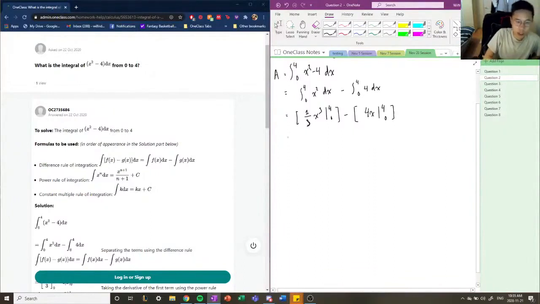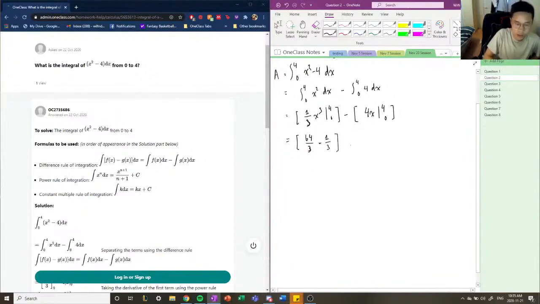So now we're going to calculate the area under the curve, or we're going to calculate the difference between the interval 4 and 0 of these two integrals, I guess you can say. So let's do that now. So we have 4 cubed over 3, which is 64 over 3, right? 4 cubed: 4 squared is 16, 16 times 4 is 64, minus 1 over 3 times 0 cubed.